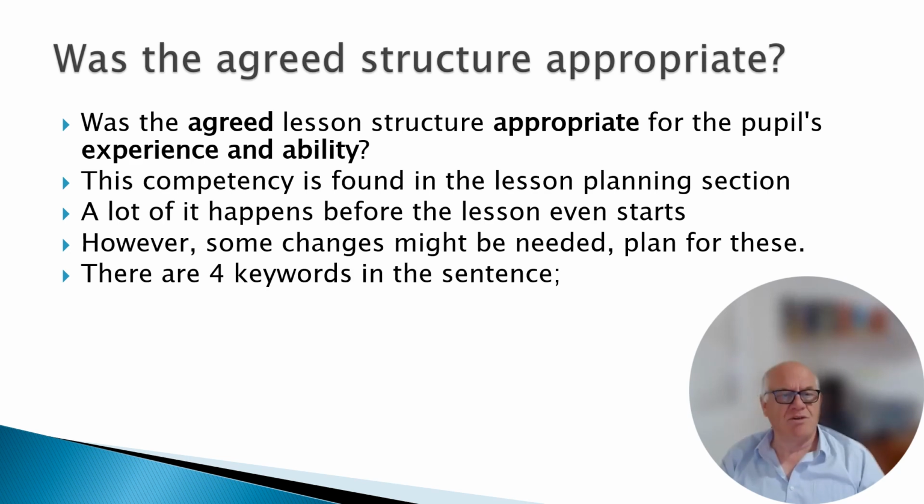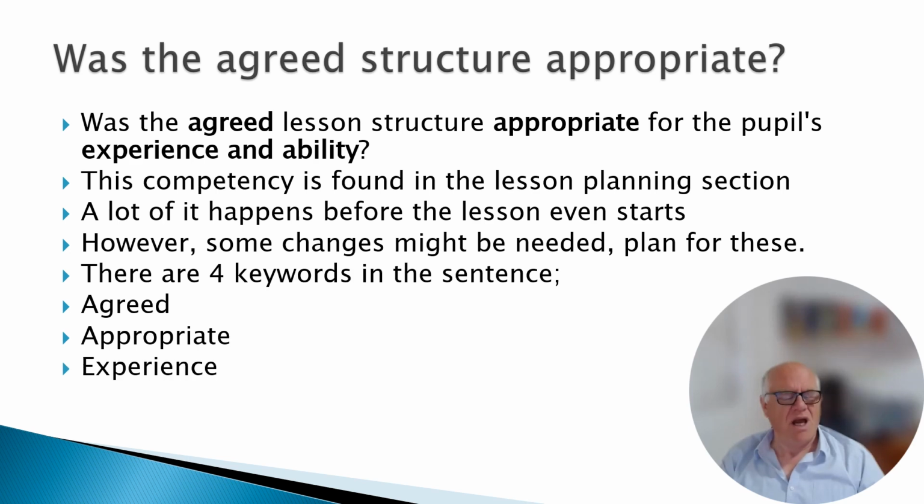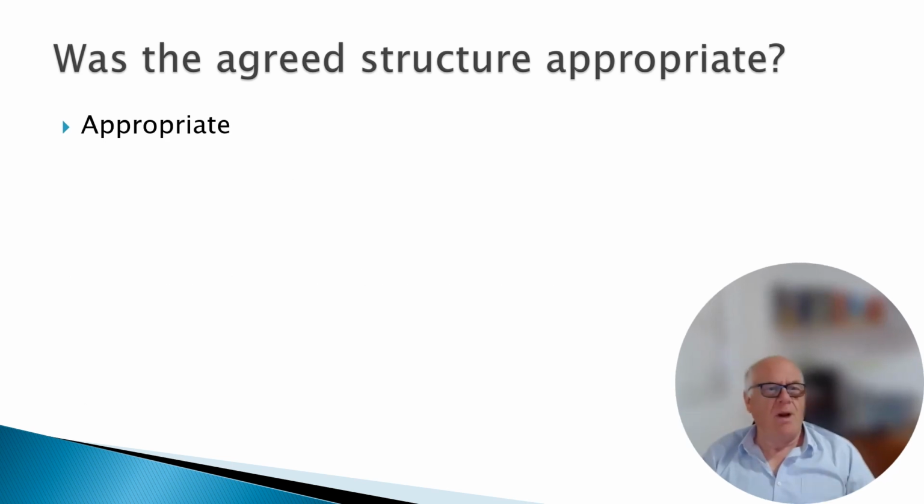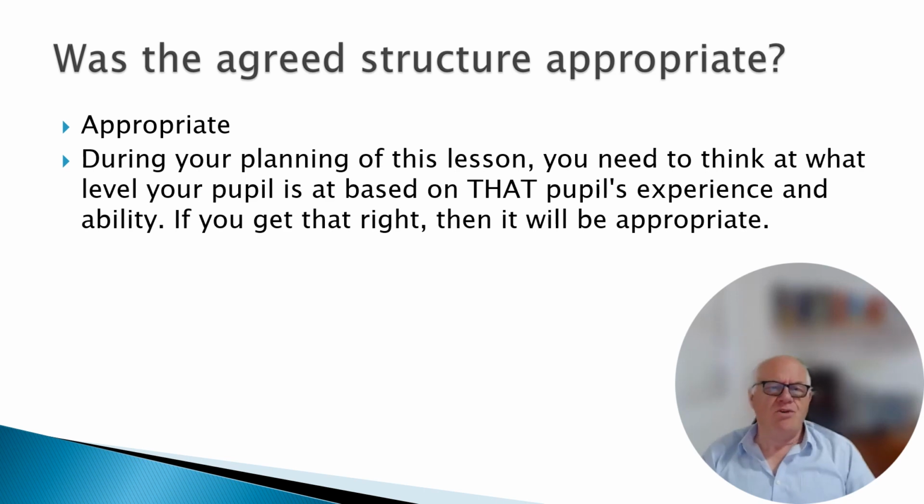Let's look at the 4 keywords in the sentence: agreed, appropriate, experience, and ability. Now, I'm not going to look at them in that order, and there's a reason for that. First of all, let's look at appropriate. During the planning lesson, you need to think at what level your pupil is based at, or what that pupil is experienced, not the pupils you did yesterday or the pupil you're going to do tomorrow.